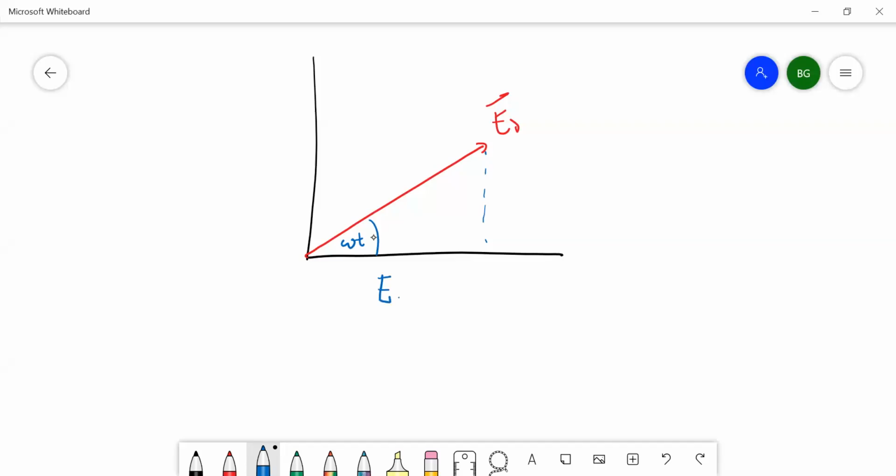So this horizontal should be E0 cos omega t, and this vertical should be E0 sin omega t. So basically, if we take t equals 0, it's like this, the picture from the book.